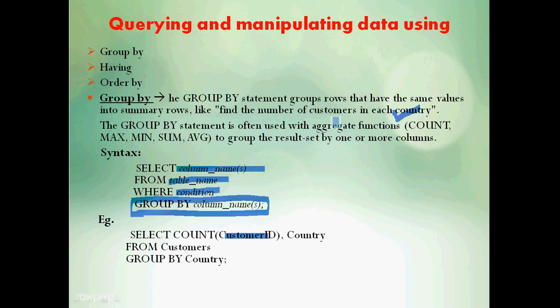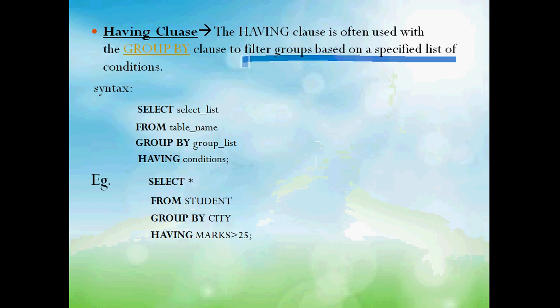But you need the customers from each country who have the maximum number of purchases, or who have a salary greater than a particular value or amount. In such cases, you are working on an additional condition. How can you implement that? This is done by the having clause. Additional filtering on the groups is done by the having clause.